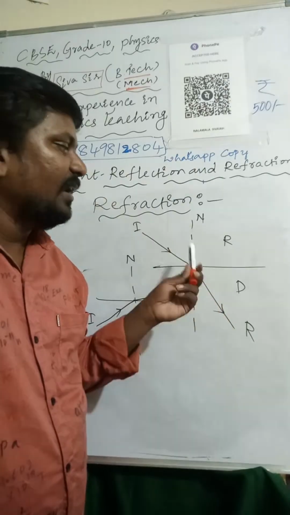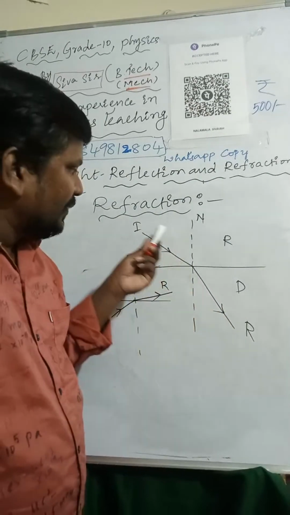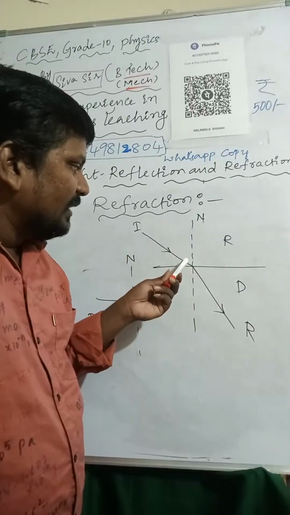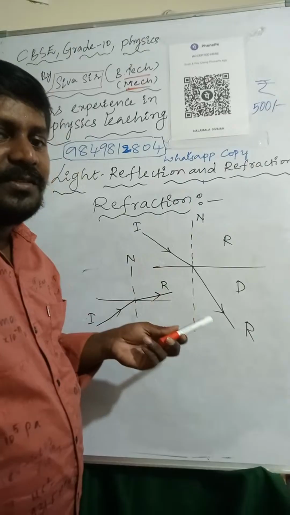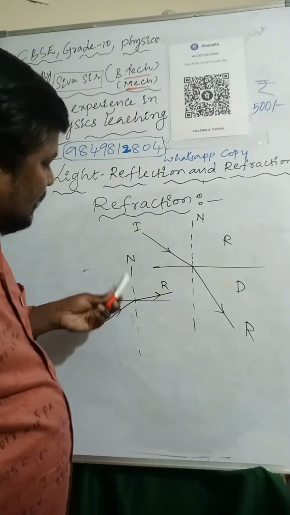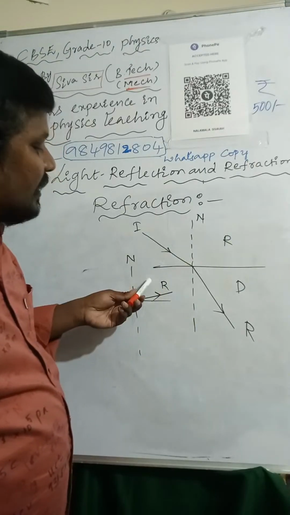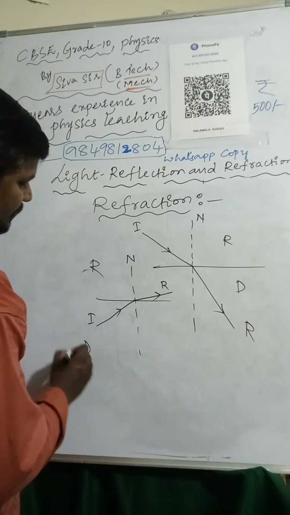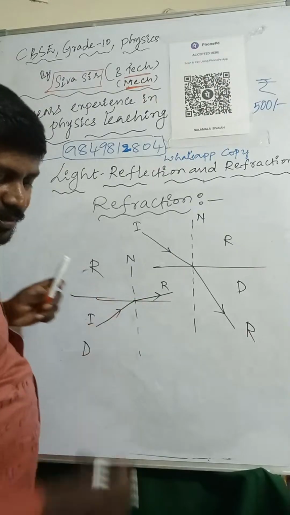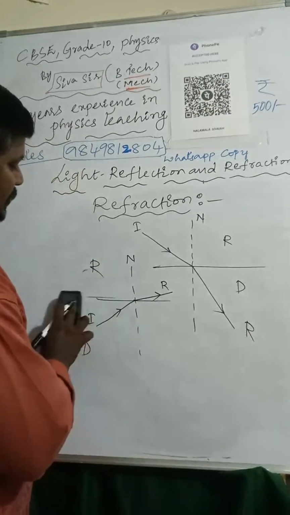So, the bending of light at the interface of the two media: if it is moving from rarer to denser, at this point it bends towards the normal line. This is the rarer medium and the denser medium, the same thing. There is no other change.